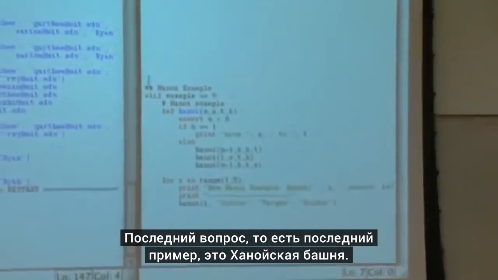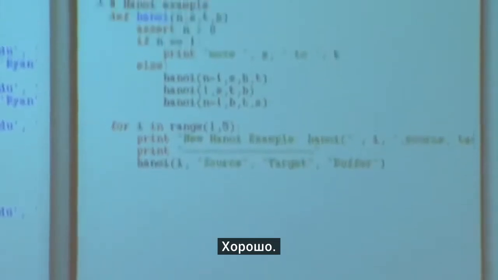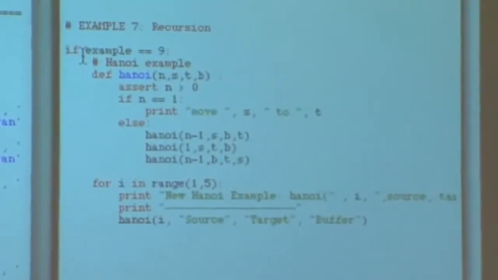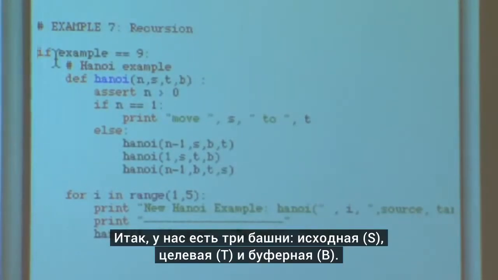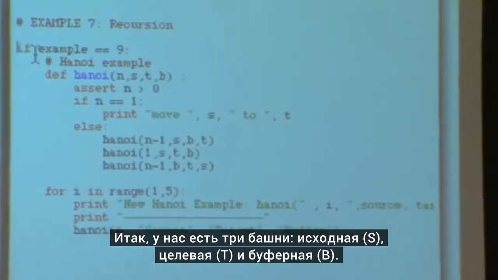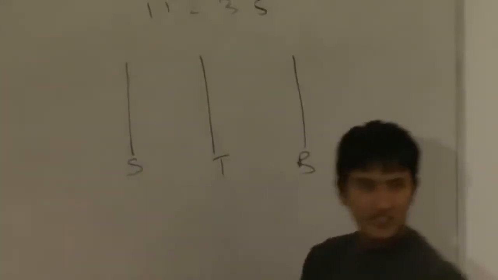The final example is the Hanoi example. Okay, this is very interesting. So here we have 3 towers: source, target, and buffer.